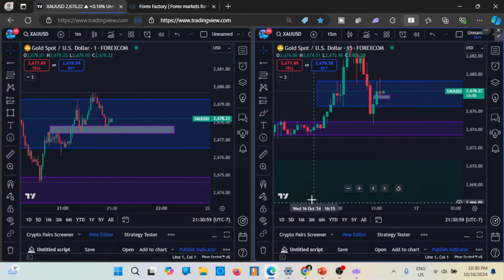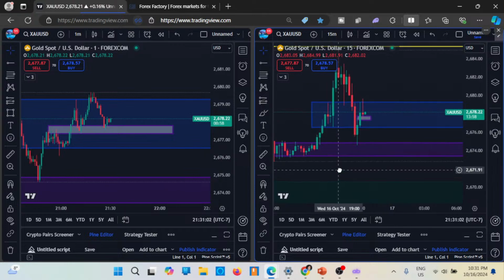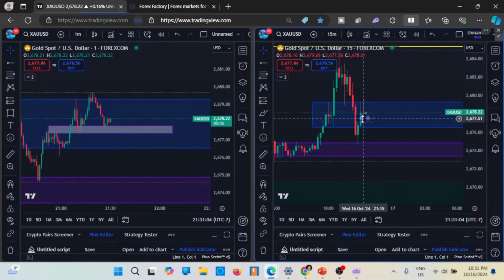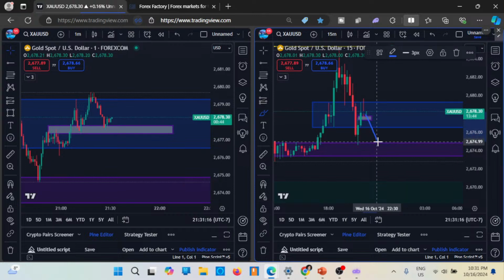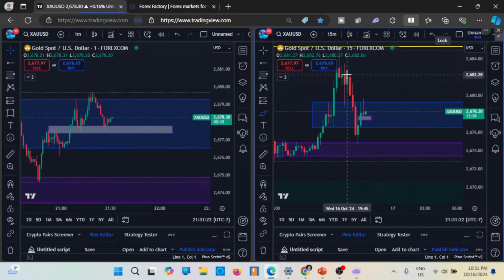So what I'm seeing, the previous candle just closed bearish here on this 15-minute time frame, so I think the price is going to come back down to this support. We still have this high here that the price is going to try to target, 26.82.